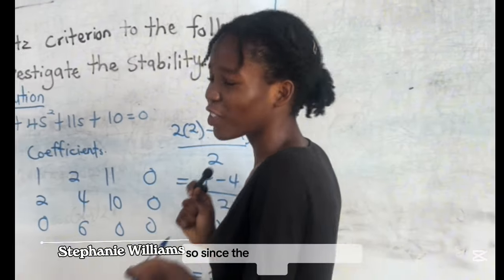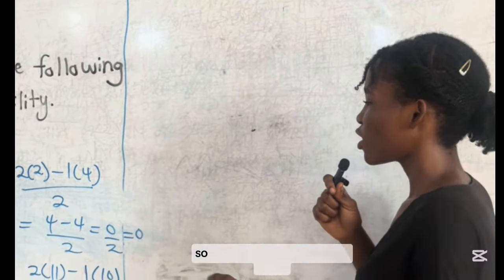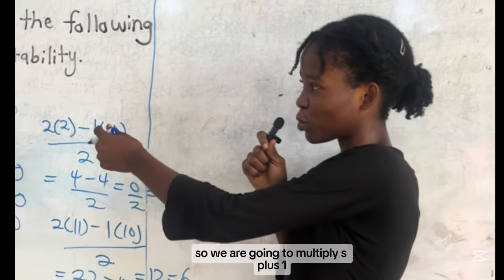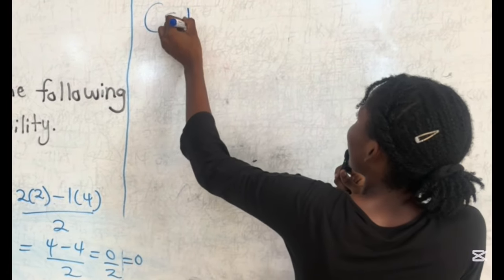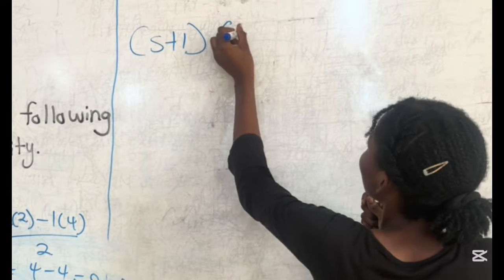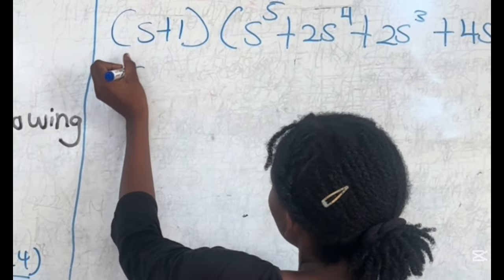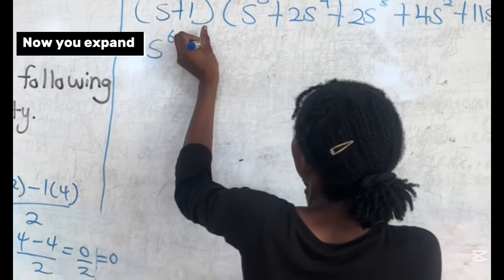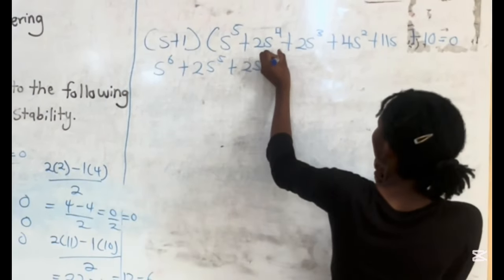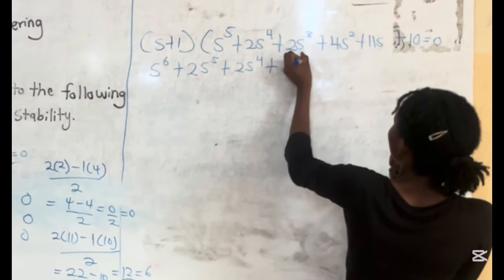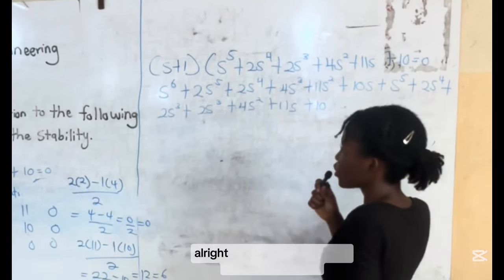So since the first element here is 0, we are going to multiply by s plus 1. So we are going to multiply s plus 1 by the characteristic equation. So you are going to get, all right, so you are going to group like this.